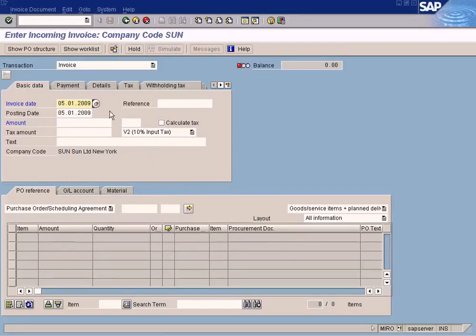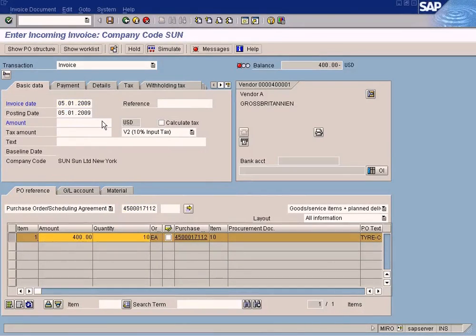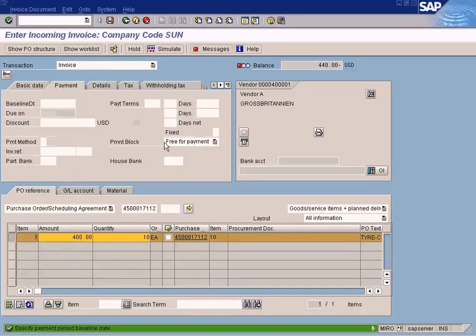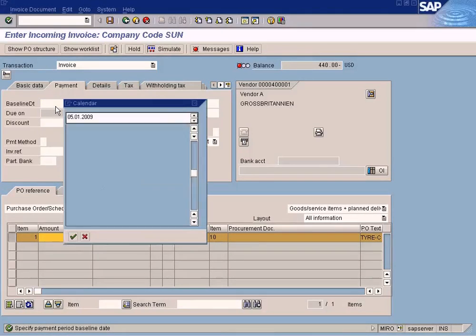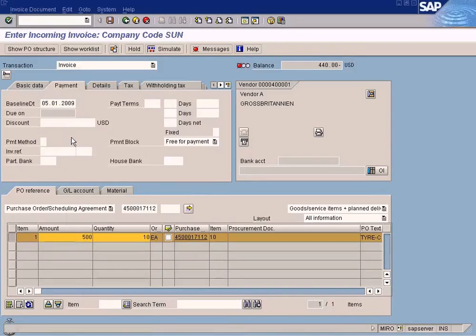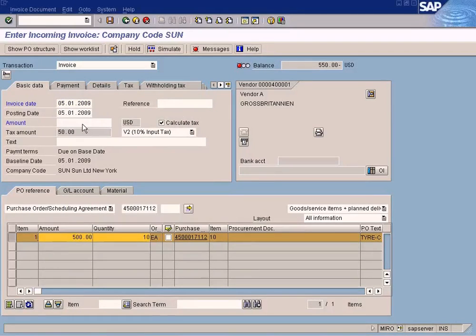Okay, now I'm going to MIRO it. To tax and make it 500 because the price is $50. Only then we can trigger a price change or price difference, whatever we call it.